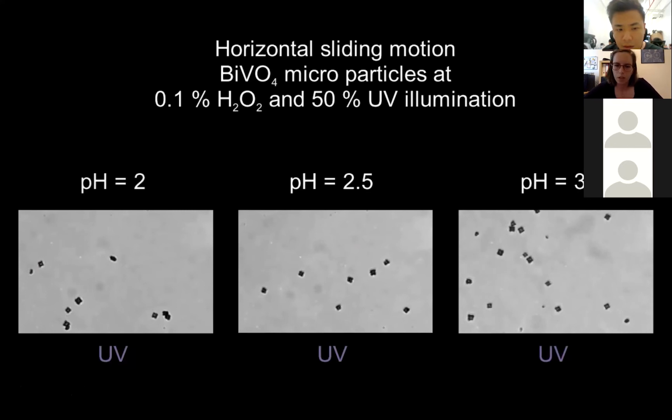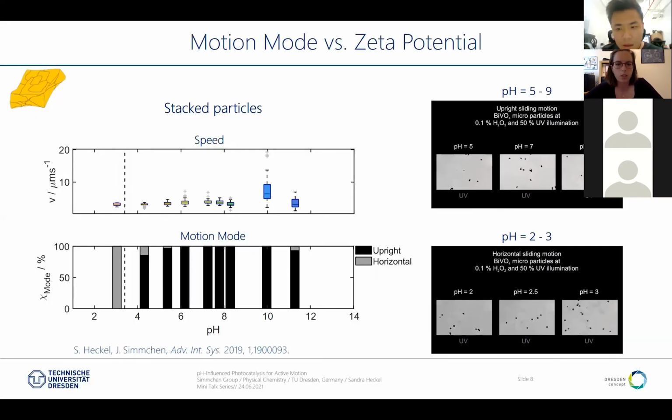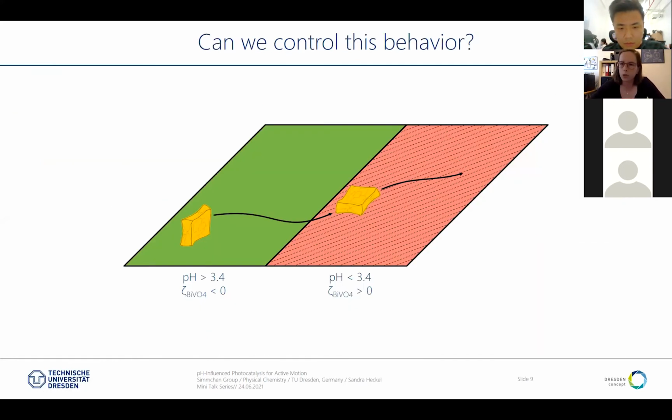So it pretty much seems up to this point that we can use the pH for our photocatalytic microswimmers to change their speed and to also change their motion mode. And at this point, we thought, wouldn't it be really cool if we could control this behavior?